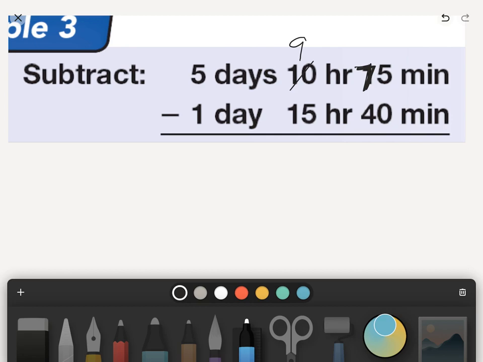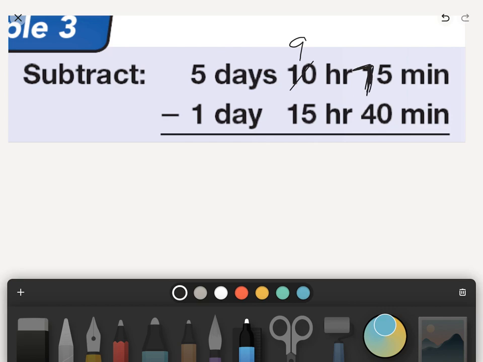Essentially, I can't subtract 40 from 15, right? I end up with some weird negative number. So I need to regroup, because 1 hour is equal to 60 minutes. So I'm going to take 60 minutes from my hours column and bring it over to my minutes column.